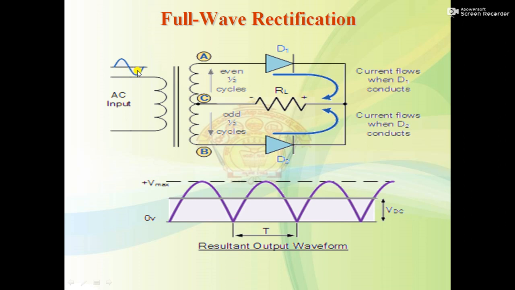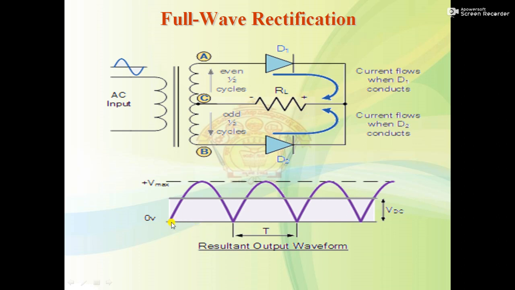Then during the negative half cycle of the AC input supply, A becomes negative and B becomes positive, means negative to positive, positive to positive, so diode D1 becomes reverse and D2 becomes forward. Only the current flows through D2, and that current flows like this, finally through the RL, and we get the output across RL.